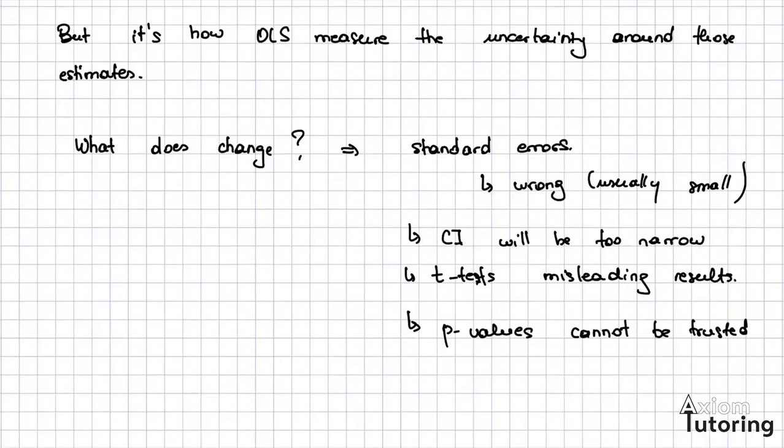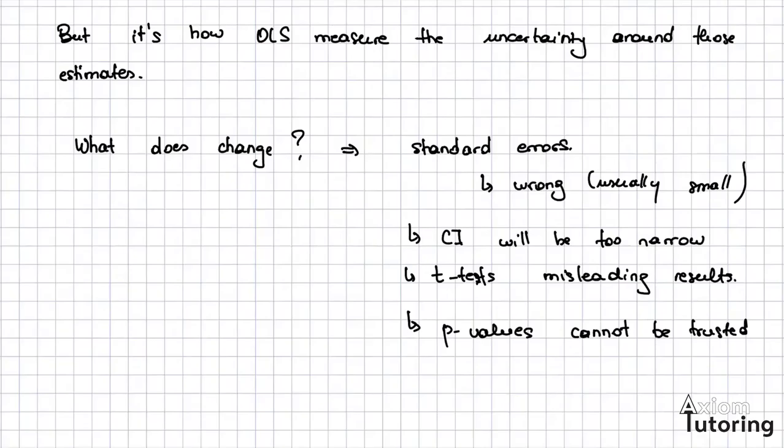OLS assumes all observations are equally informative about the regression line. Under homoskedasticity, that's true: every observation has the same error variance. But under heteroskedasticity, some observations are much noisier than others, and OLS does not account for this because it weighs all observations equally. So its measure of uncertainty is going to be wrong.